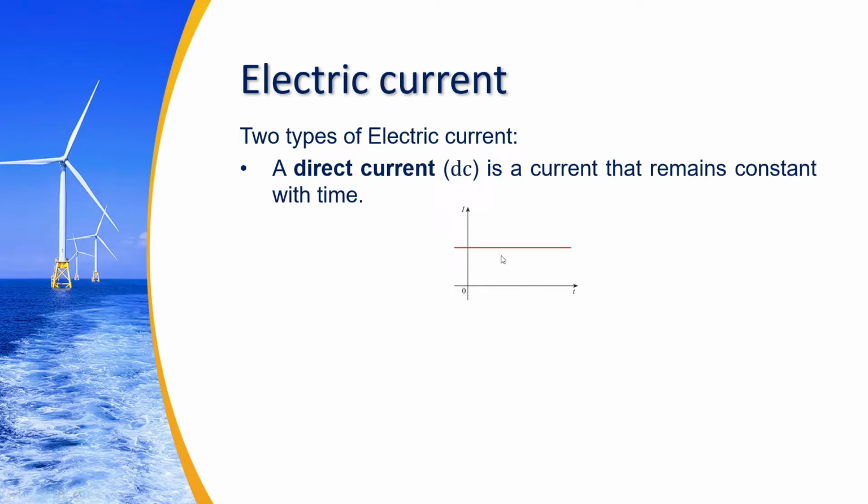Okay, constant lang siya na sabihin natin ang magnitude natin dito is 1. So, kahit gaano tumagal yung pag-flow niya, constant lang na meron tayong current na 1 amp. So, kaya siya tinawag na direct current kasi remains constant with time.